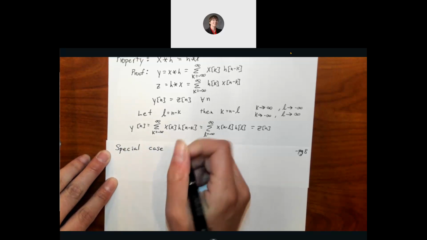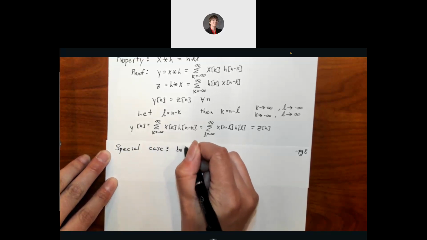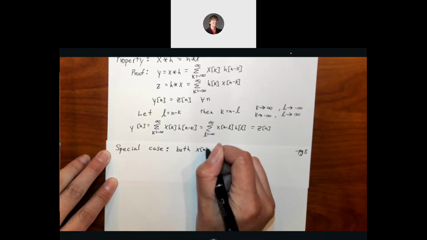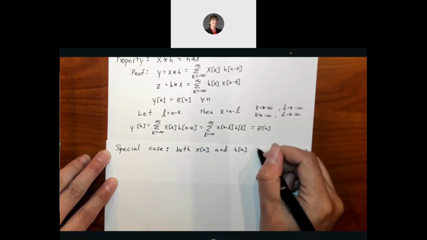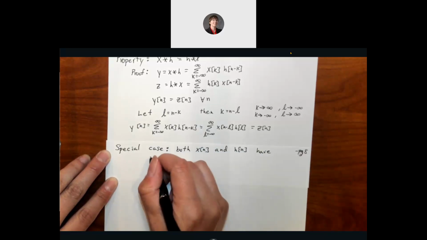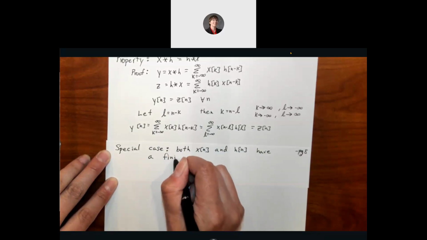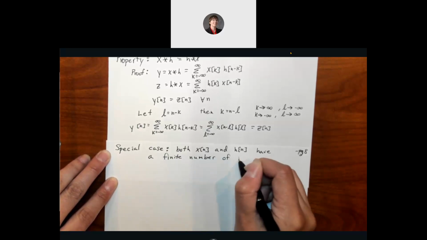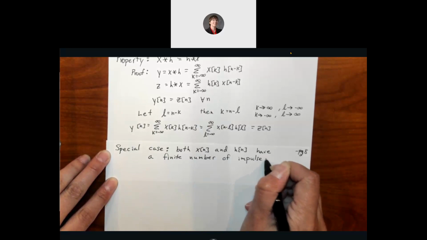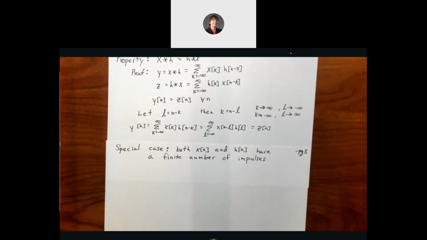So we have a special case where both x n and h n have a finite number of non-zero values.